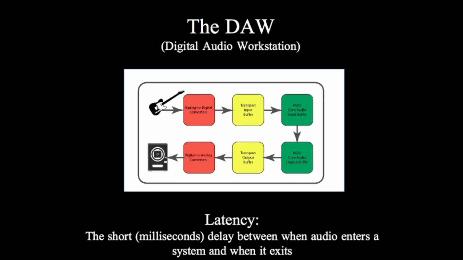So now in the case of the digital audio workstation, one of its main functions is to integrate multiple devices, some of them analog and some of them digital, together. No matter what, there will always be what we call latency, or a short delay between when the information gets to the computer and when it gets to the speaker.